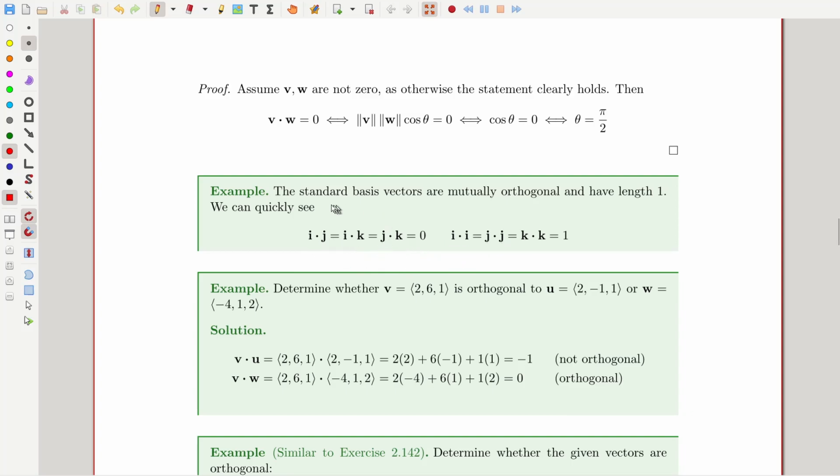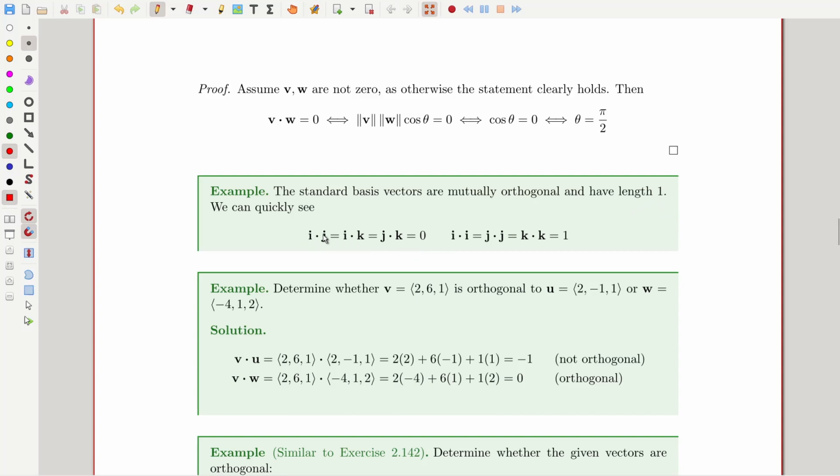So first we notice that the standard basis vectors are mutually orthogonal to each other, and that's just the way that the Cartesian coordinate system works. We want all of the axes to be in perpendicular directions to one another. And we also have that these basis vectors are of unit length, so they're of length 1.